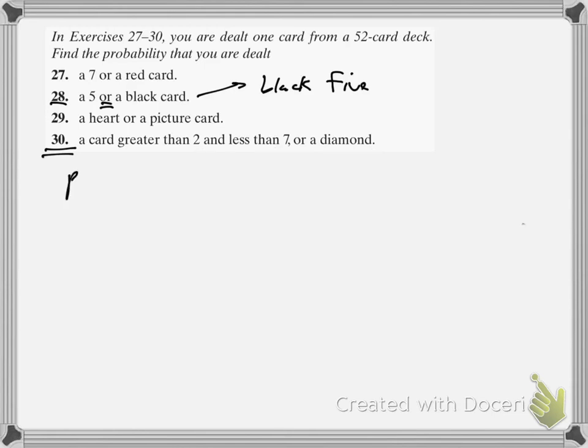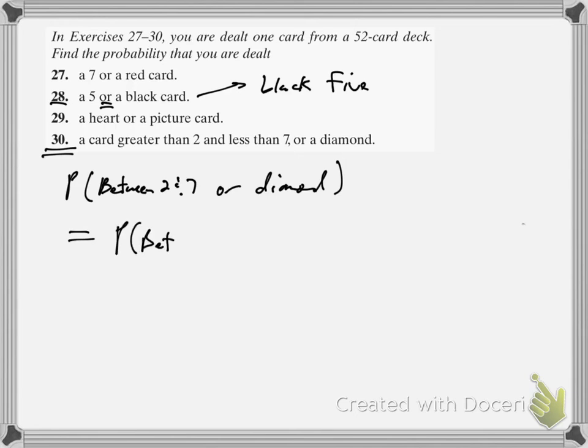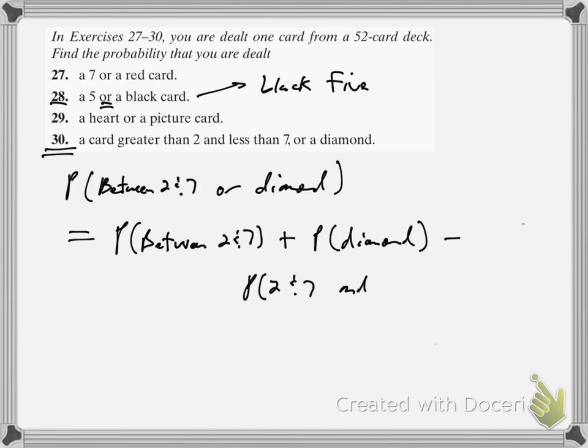So the probability of a card between 2 and 7 or diamond should be, using the formula, the probability of a card between 2 and 7 plus the probability of a diamond minus the probability of a card being between 2 and 7 and a diamond.